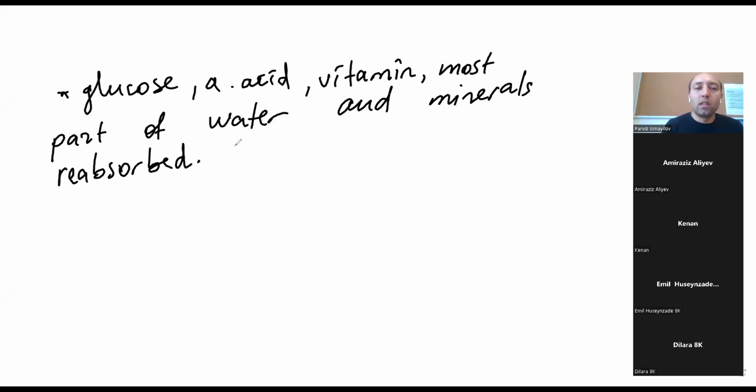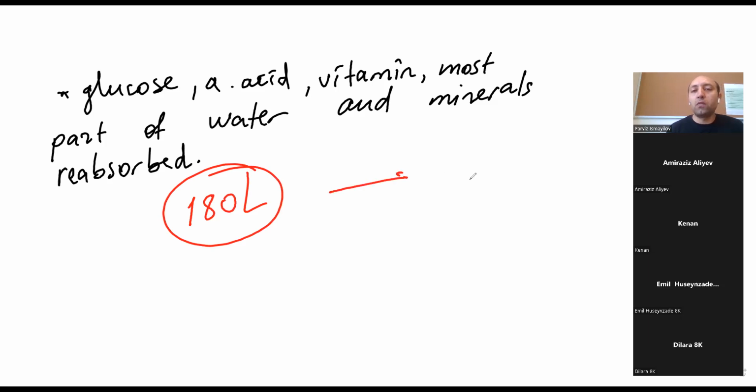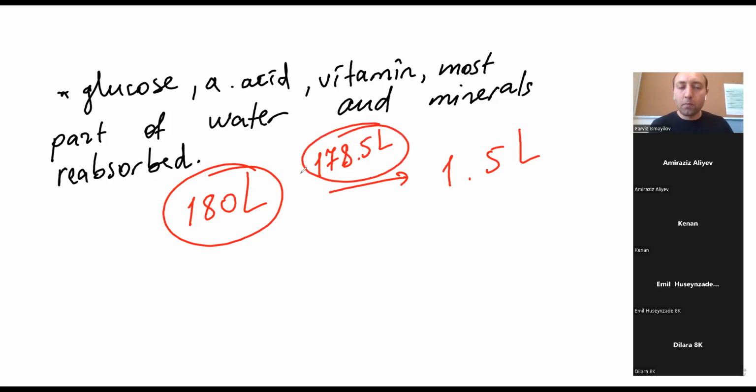So because of reabsorption, look guys, as a filtrate, we have 180 liters. But finally, we will have 1.5 liters of urine. It means that nearly 178.5 liters goes back to the blood.